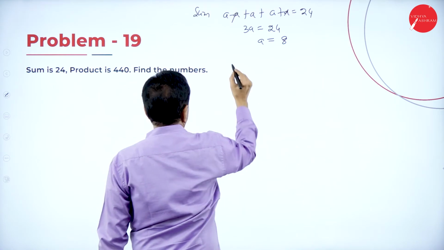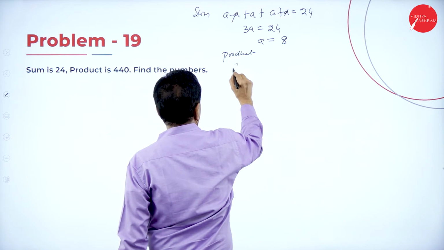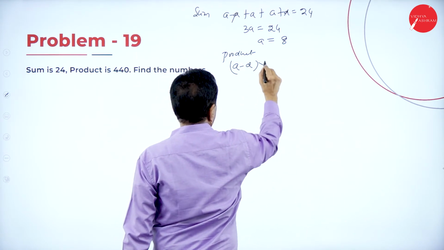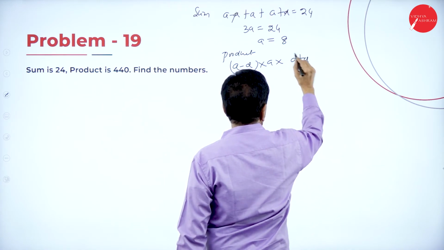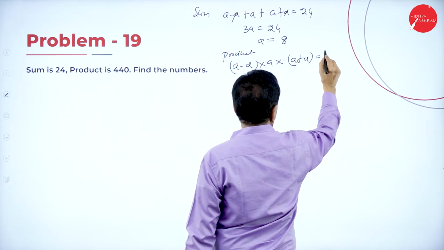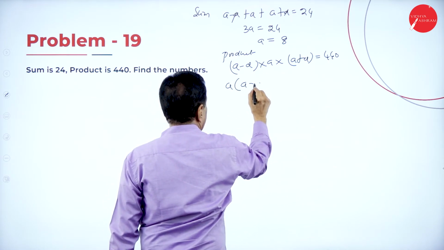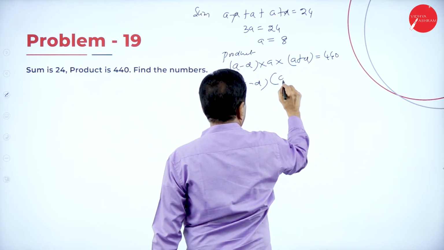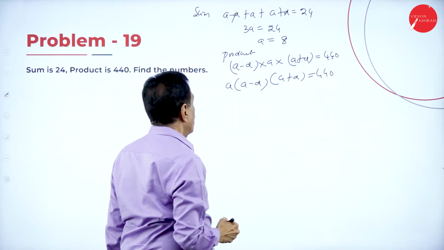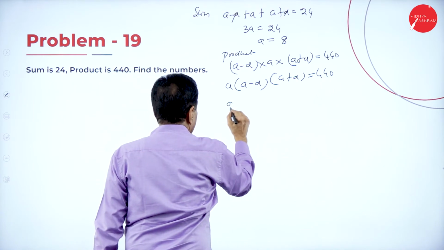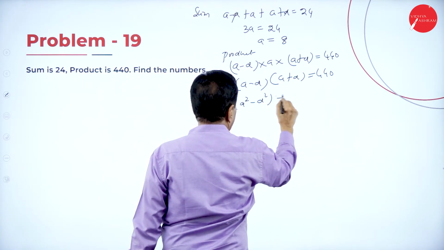Then product: A minus D into A into A plus D is equal to 440. This is A square minus D square.